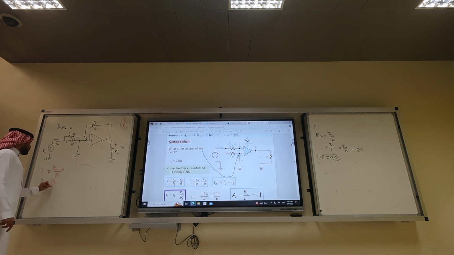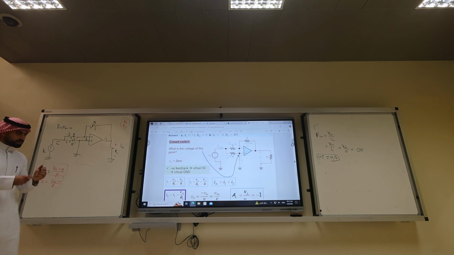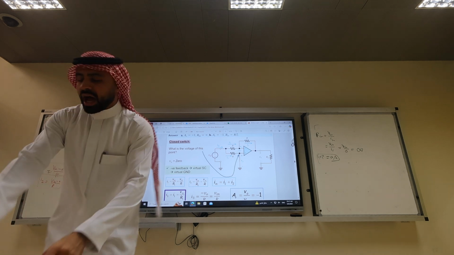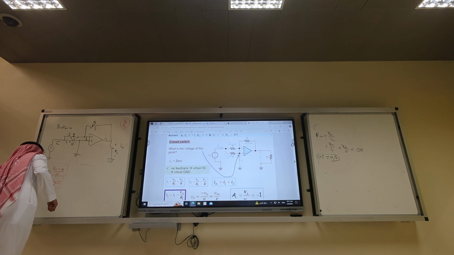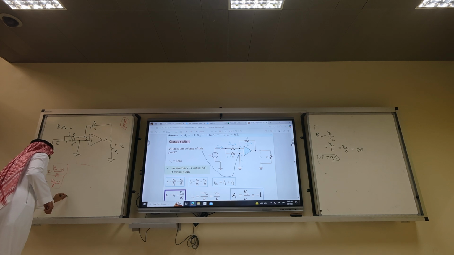Vn minus 0 over R. So this is the first useful information. What is I input? It is I1 plus I2, which is equal to Vn over R.